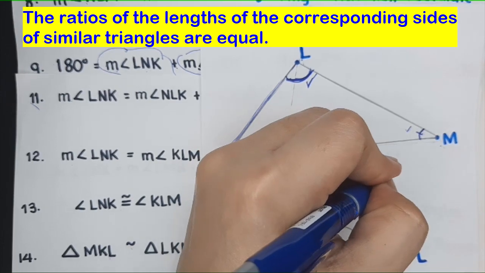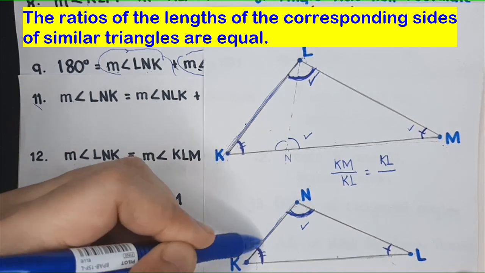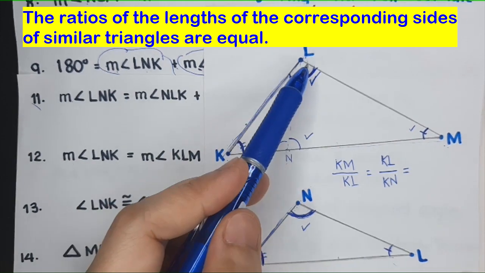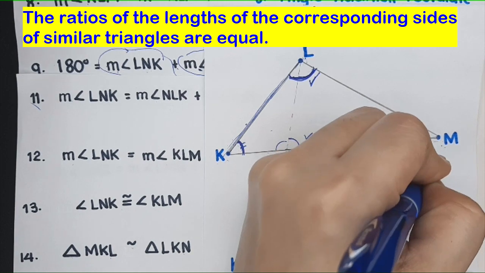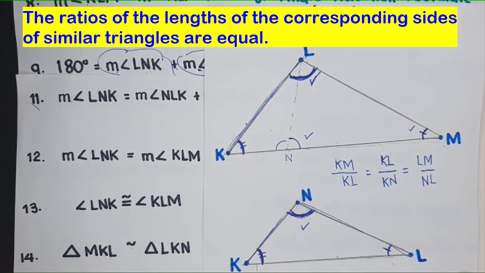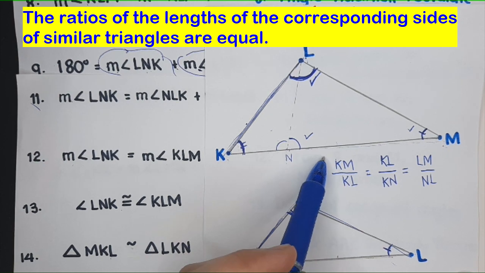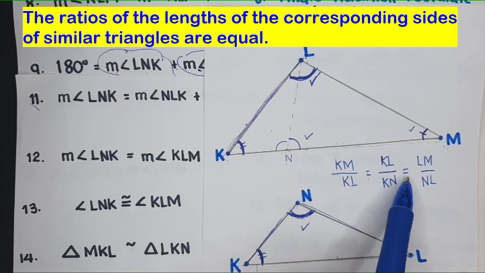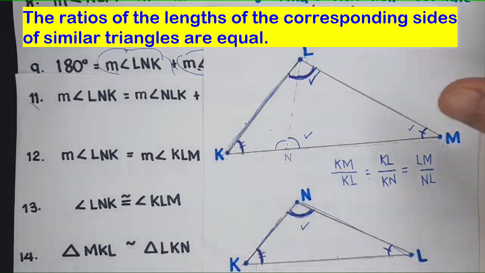Over, alin ang corresponding side nito? This one. Okay? KN. Okay? Actually, this is also equal to, let's consider the third side. Okay? LM over NL. Alright? So, ito yung ibig sabihin ng the ratio of the lengths of the corresponding sides of similar triangles are equal. Alright? Okay, let's go back to our two-column proof.